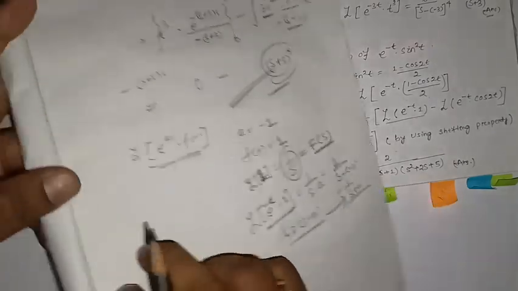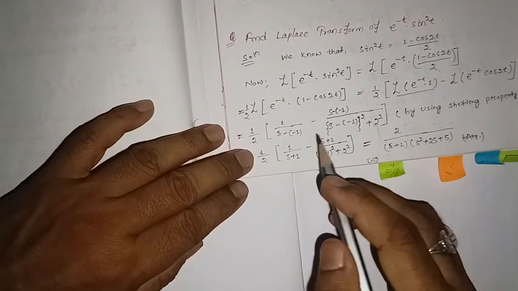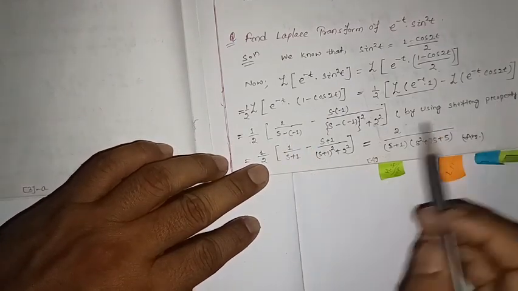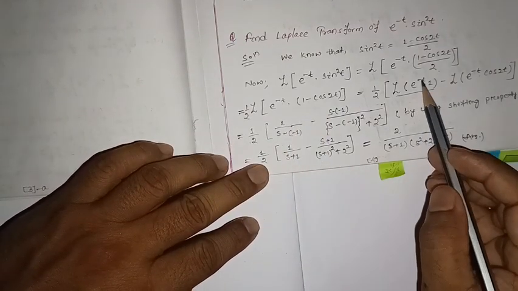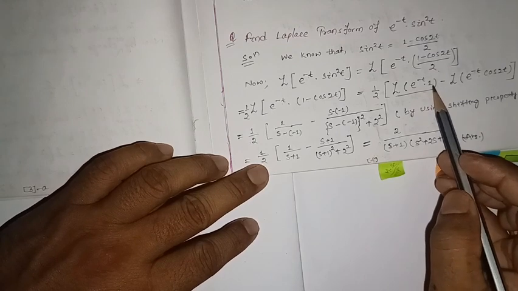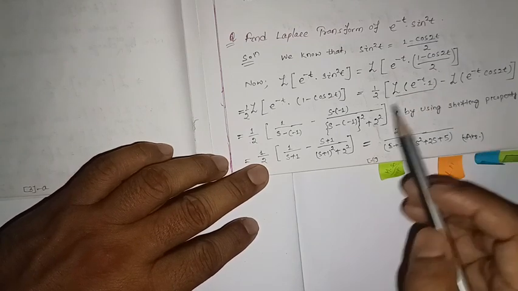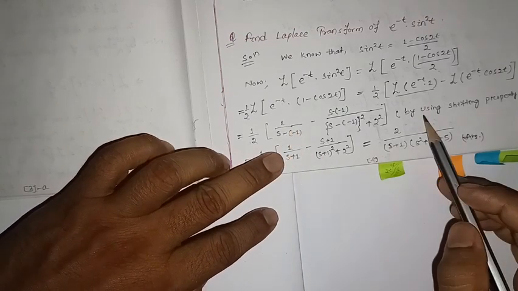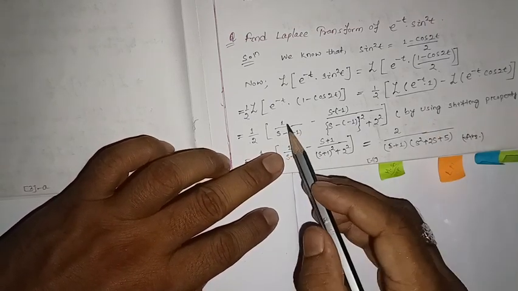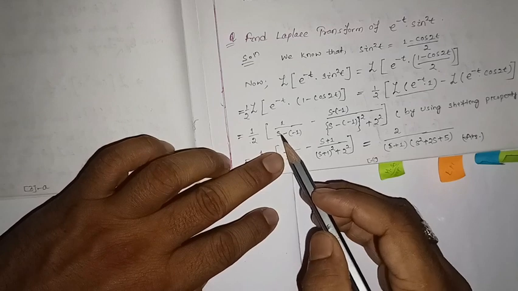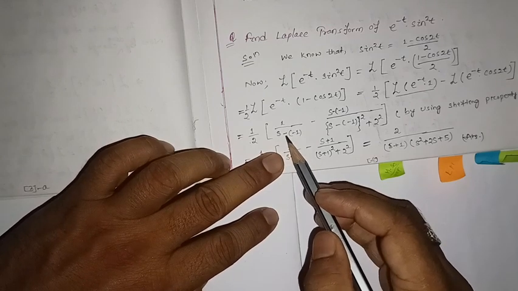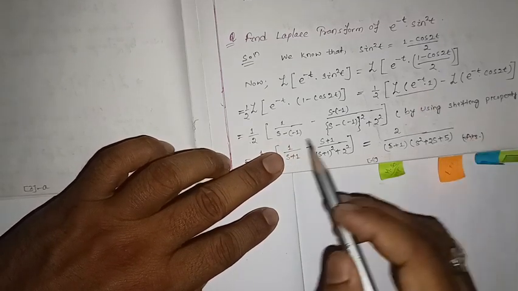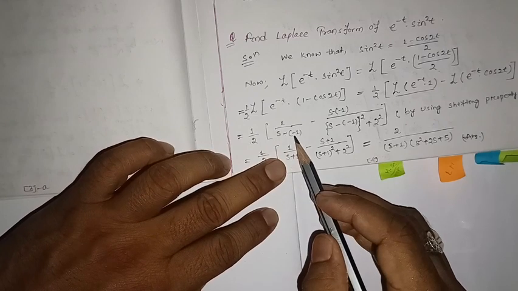Same thing I have done over here. By using the shifting property, e to the minus t into 1: the Laplace transform of 1 is 1 by s, and using the shifting property that 1 by s will be 1 by s minus a. Here a is minus 1, so s minus minus 1.